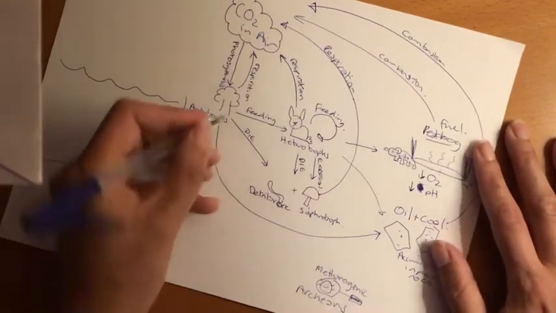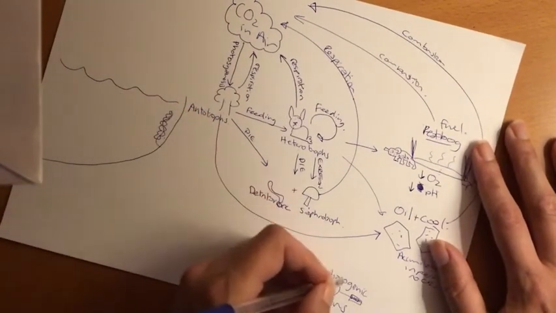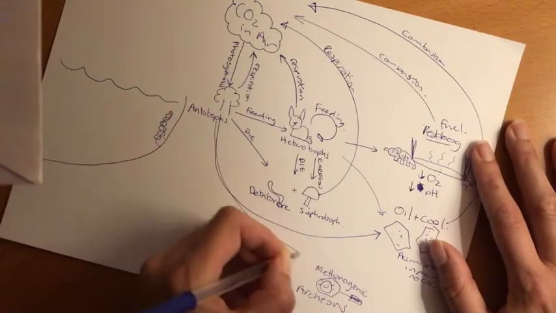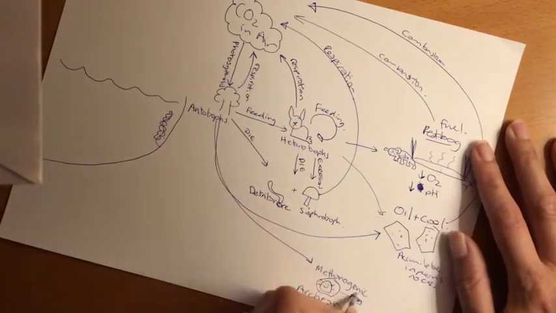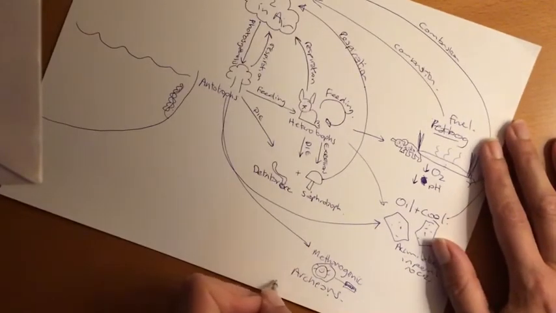Okay, now in the same way, some of these autotrophs can be broken down by something called a methanogenic archaean. Okay, these are tiny bacteria that work in soil with no oxygen.